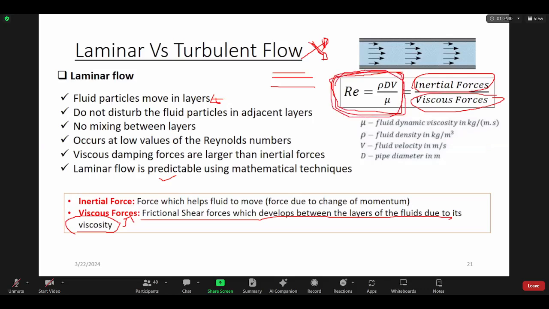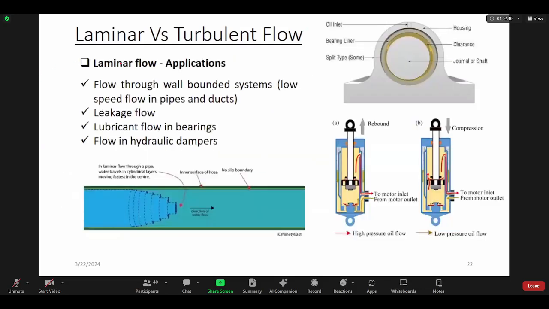We have some calculations to do. These are the applications in laminar flow.